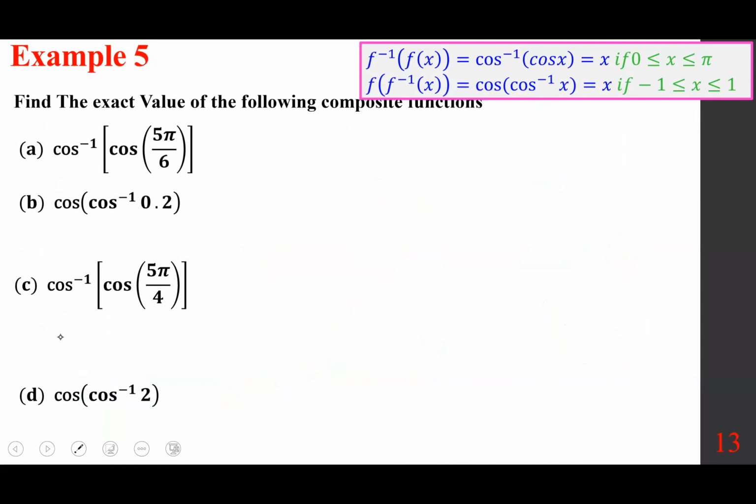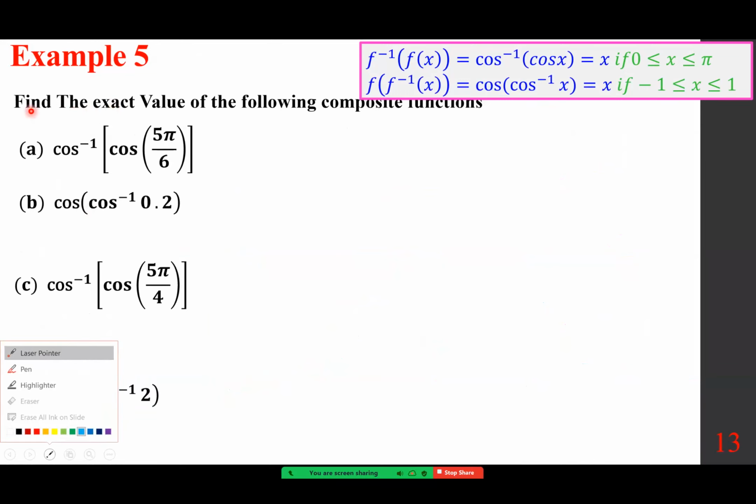In this case, we are to find the exact value of the following composite functions. Let's see how we do that.